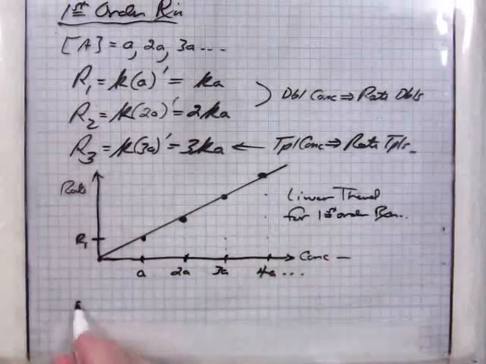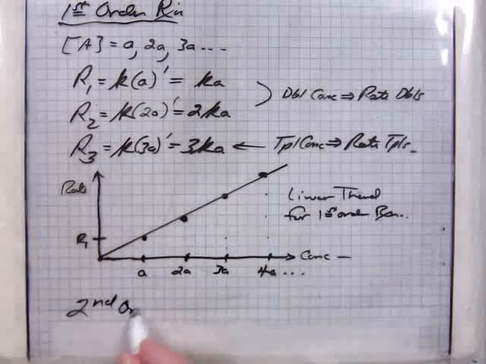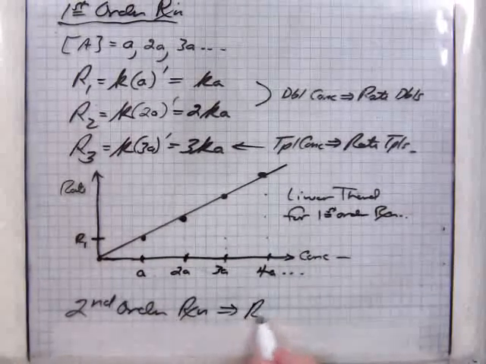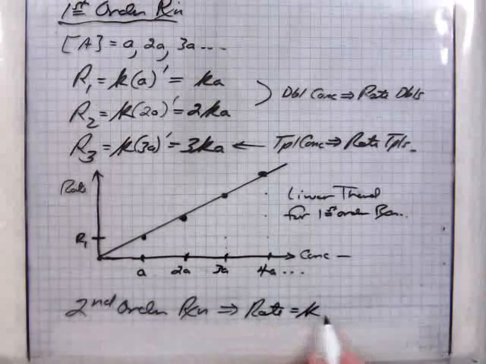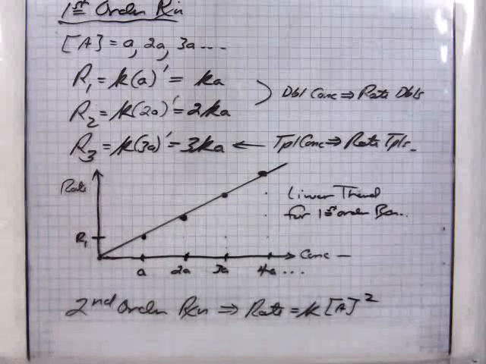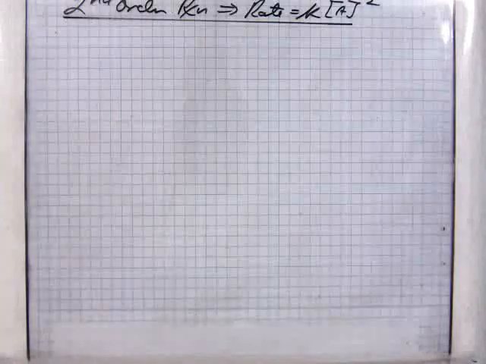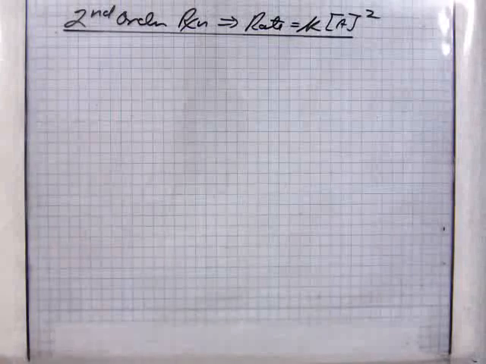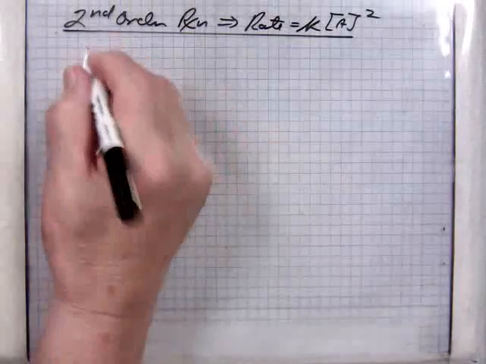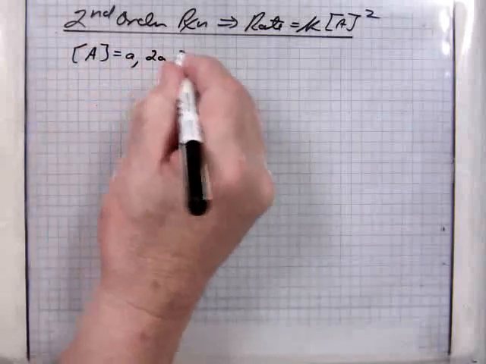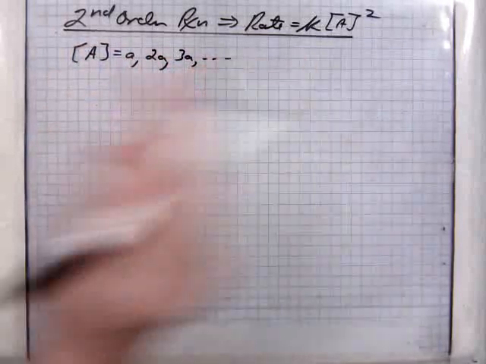A second order reaction, of course, is rate equals K times the concentration raised to the second power, and we do the same thing. Again, A is going to be A, 2A, 3A, and so forth.